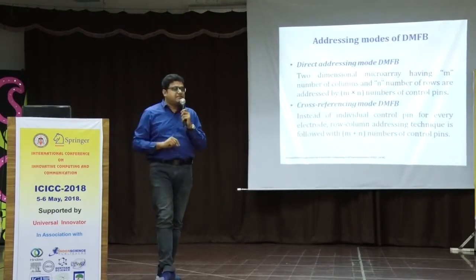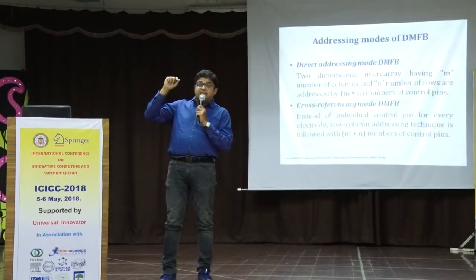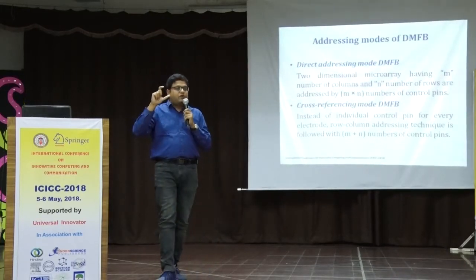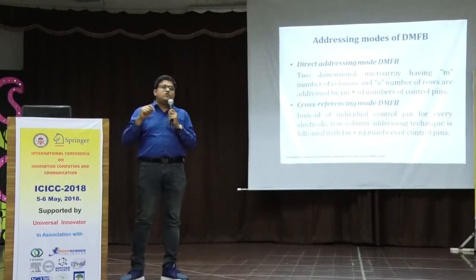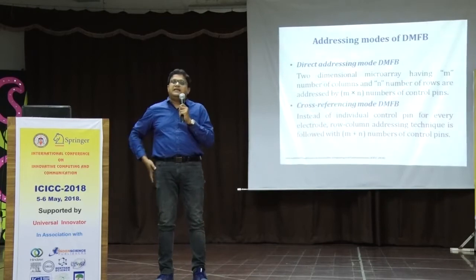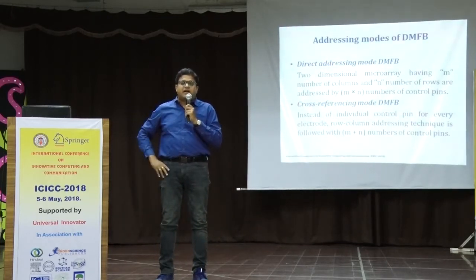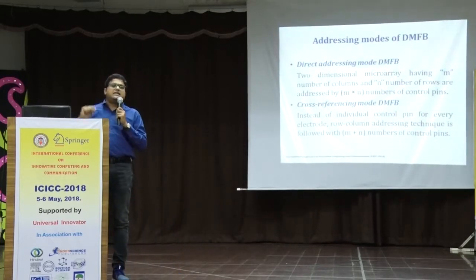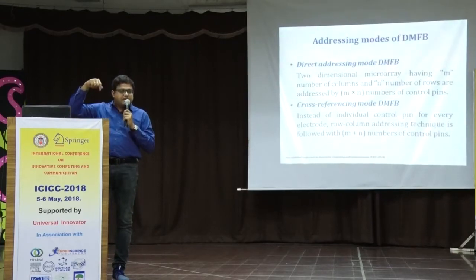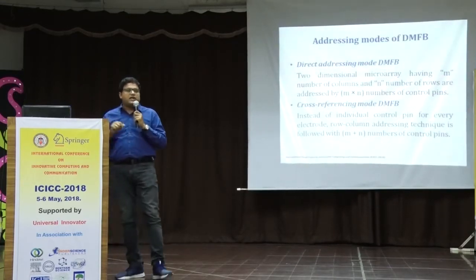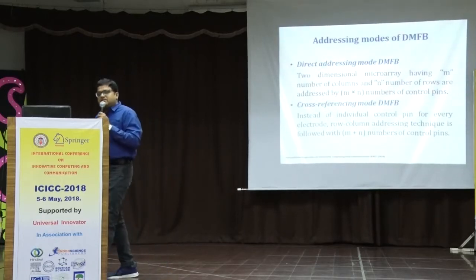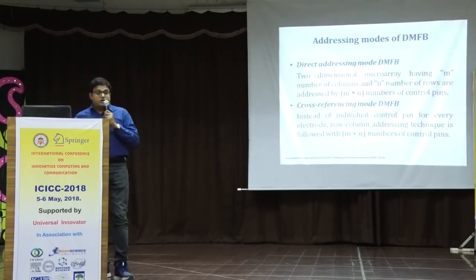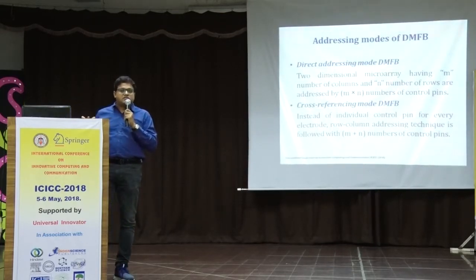In the direct addressing mode, think about the pin requirement for a biochip which has m rows and n columns: we require m times n pins. So it is of the order of n square. Whereas, in the cross-referencing mode, we require m plus n pins only, the pins at the column heads and the pins at the row heads. But still, there are certain actuation issues which need to be taken care of, and if you go through the relevant references, you will come to know how these different actuation issues can be handled.